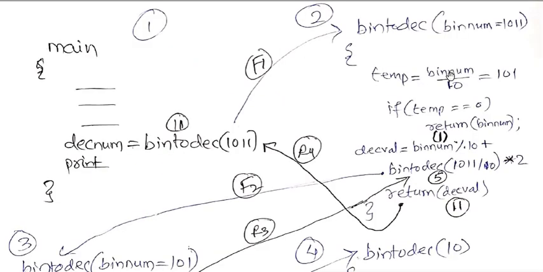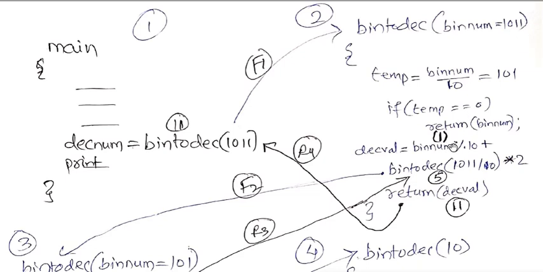Here in the function, temp is equal to binary number divided by 10. So binary number 1011 divided by 10 is 101, and we are checking if this temp value is 0. The temp value is not 0, so it will come here. Now here decimal value is binary number modulus 10. Binary number 1011 modulus 10 is 1, right?